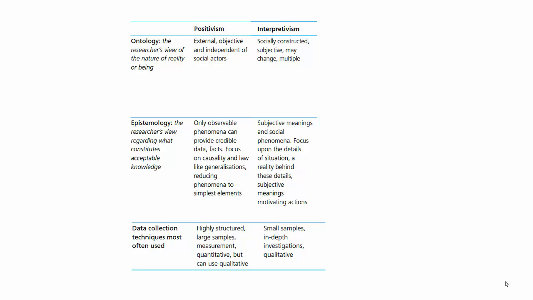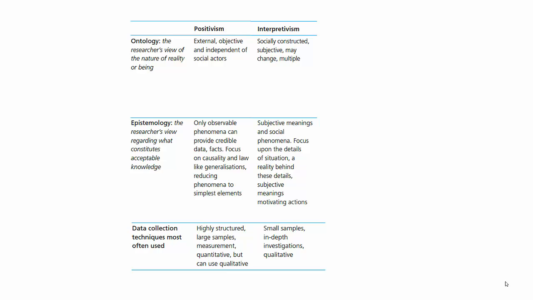From an epistemological perspective, positivists believe that only observable phenomena can provide credible data, facts. They believe in facts. They also believe in causality and generalization and reducing phenomena to its simplest elements.